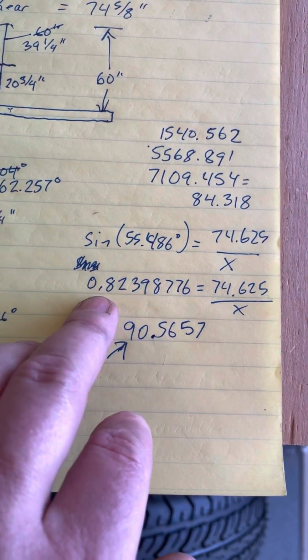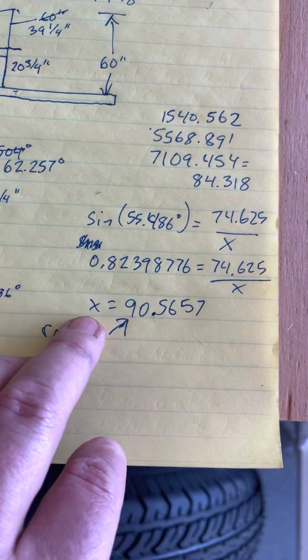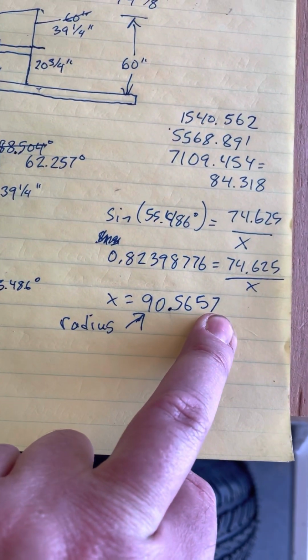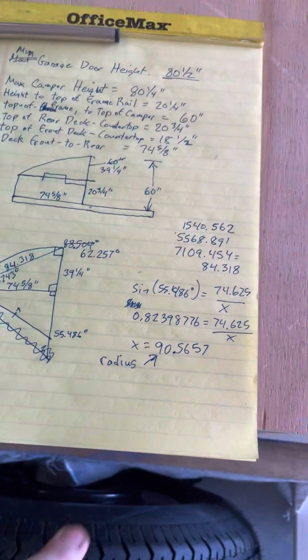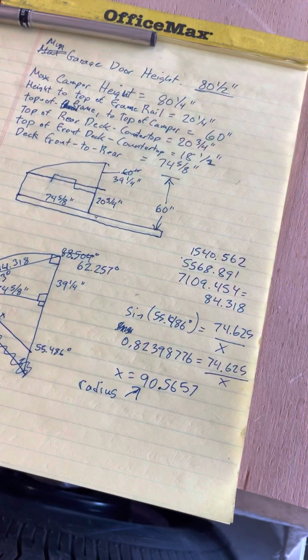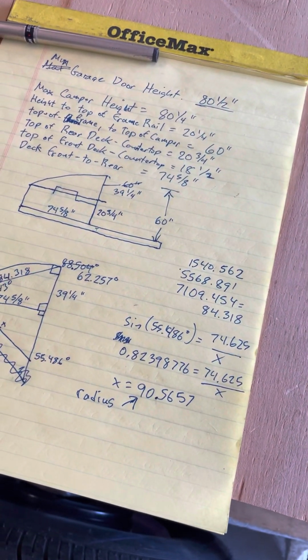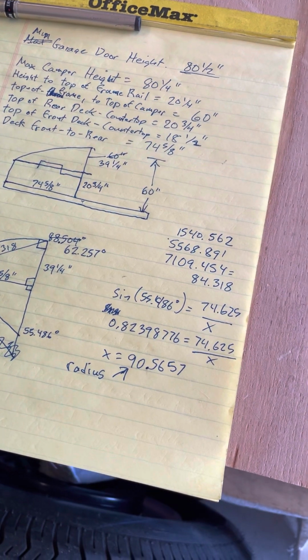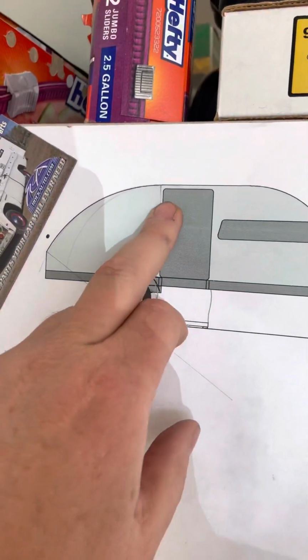Of course, we got the sine actually numbered out. Transpose those and do the math, and that gives us 90.5657 inches for our radius. So if I did that correctly, my string needs to be about 90.5 inches, and that should give us our nice arc to make our nice pretty curve.